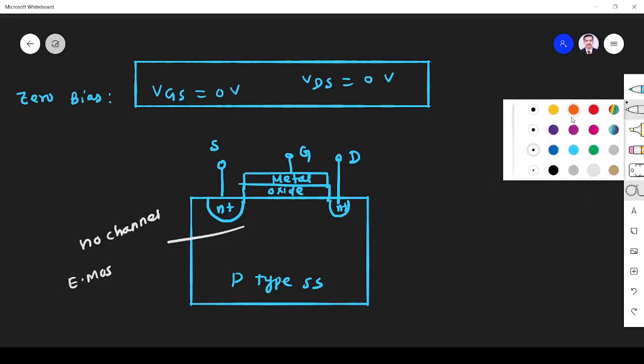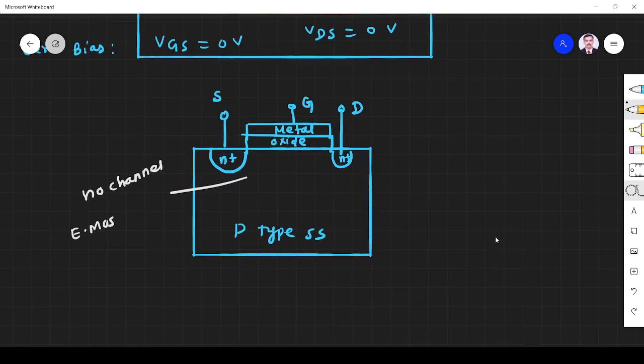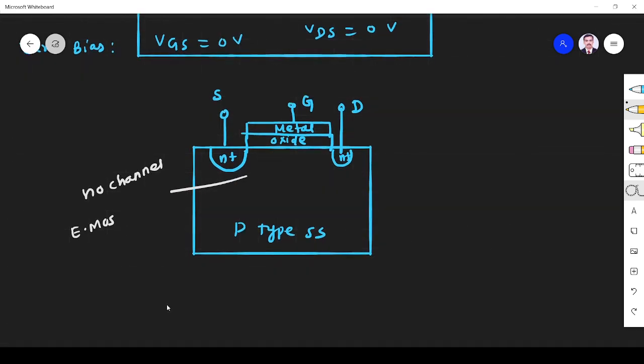Now let us study what is happening here. VGS is 0, VDS is 0. There is no potential difference between source and drain, and there is no gate voltage also. So there is no voltage. This means no current, no drain current or gate current.